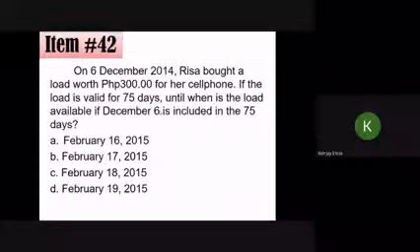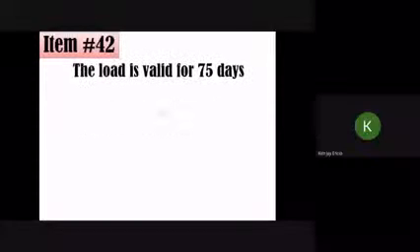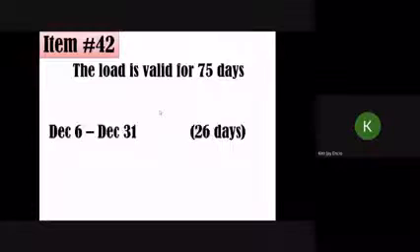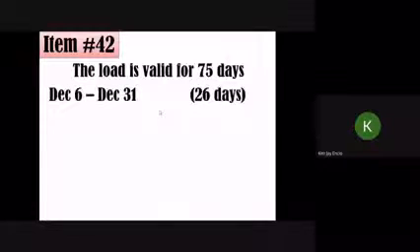Anyway, it says here that December 6 is included in the 75 days. And remember, from December 6 to December 31, it has to be 26 days. Why? Because December has 31 days, and you exclude December 1, 2, 3, 4, and 5. So you exclude 5 days. 31 minus 5 will give you 26.